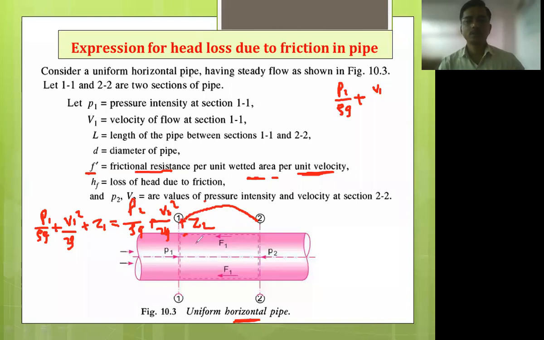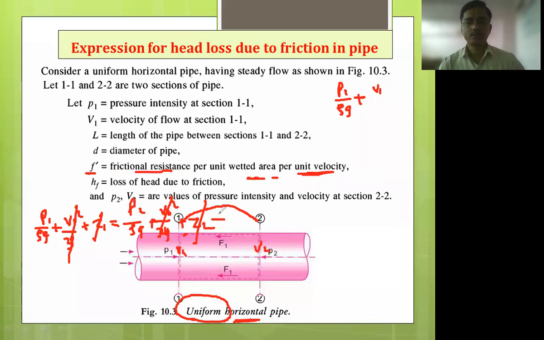As the pipe is horizontal, Z will get cancelled. As the pipe is of uniform diameter, meaning there is no change in diameter, the velocities V1 and V2 will be the same, and their squares will be the same. So this will again get cancelled.